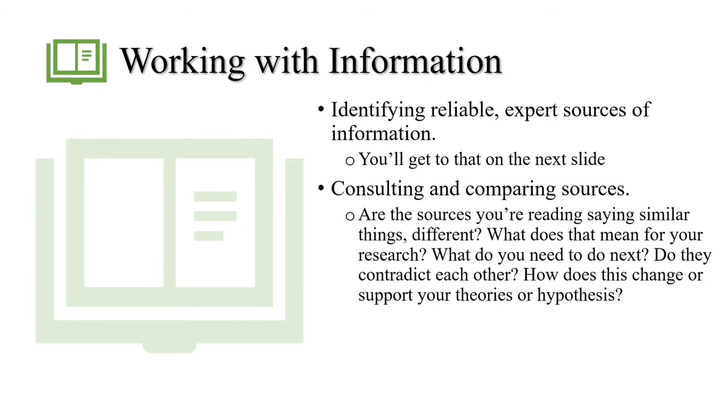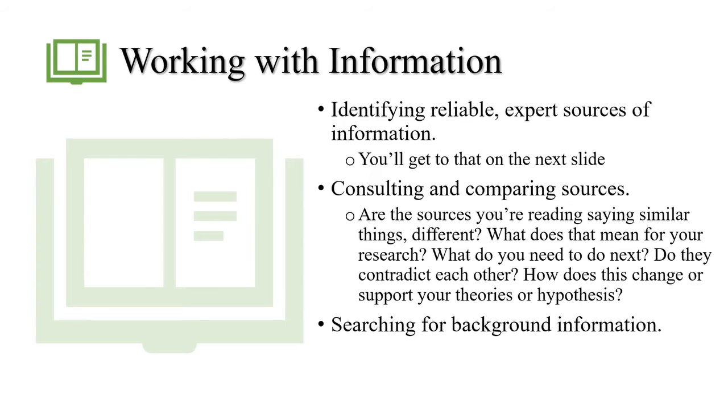You want to ask yourself questions such as, are the sources you're reading saying similar things? Different? What does that mean for your research? What do you need to do next? Do they contradict each other? And how does this change or support your theories or hypothesis? You'll constantly be wanting to ask yourself questions as you're reading through information and ensuring that things connect.